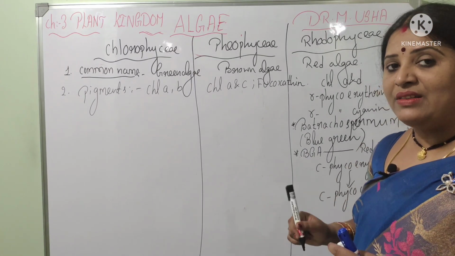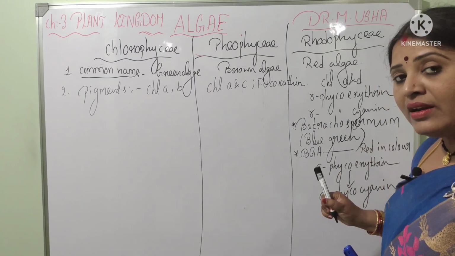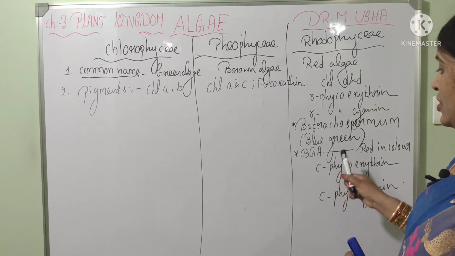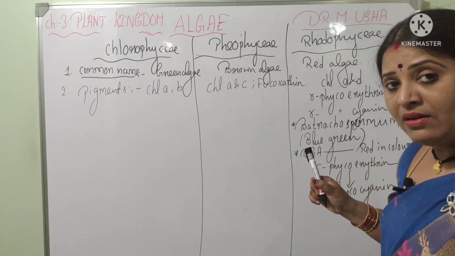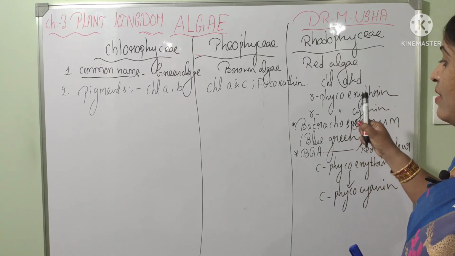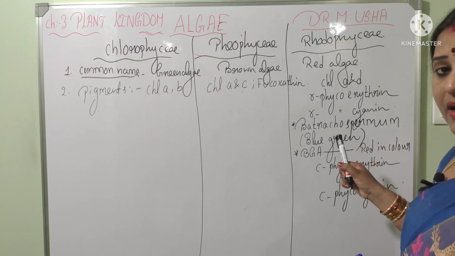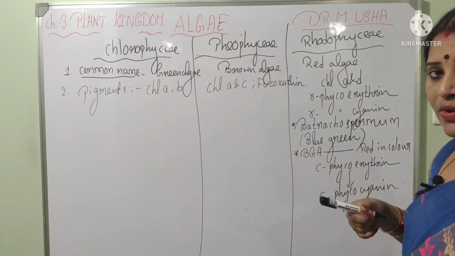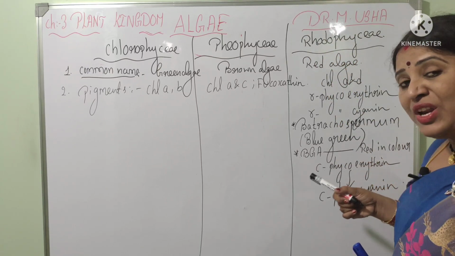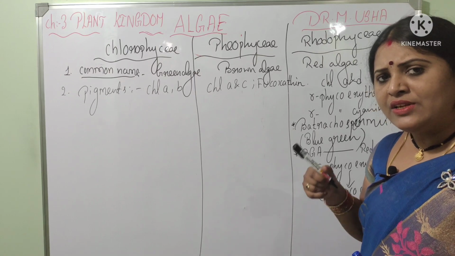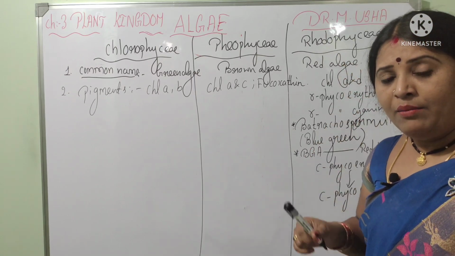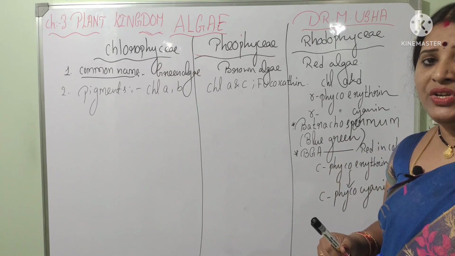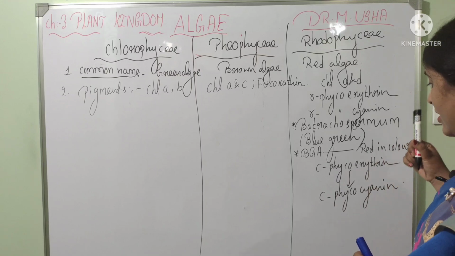Once again, I want to repeat the same 2 points which are parallelly very important. Batrachospermum is a red alga but blue-green in color. The reason is that R-phycocyanin is predominating over R-phycoerythrin. Whereas blue-green algae, of course not related to rhodophyceae, are prokaryotic algae, cyanobacteria, which can be red in color.